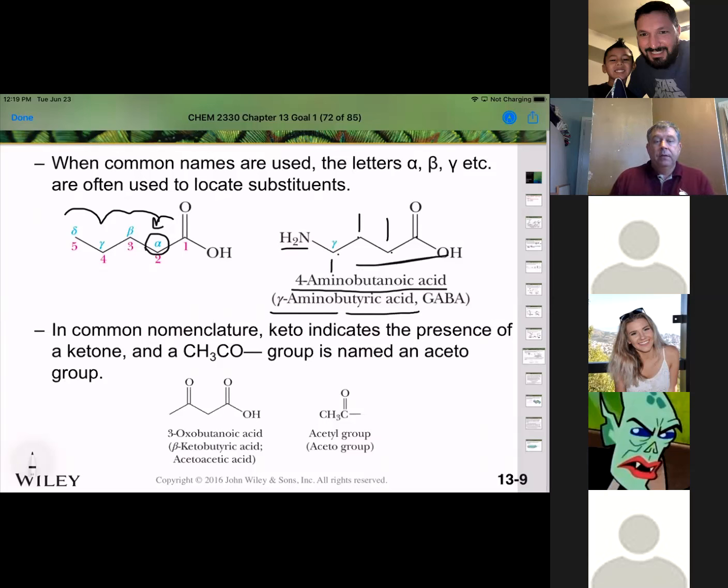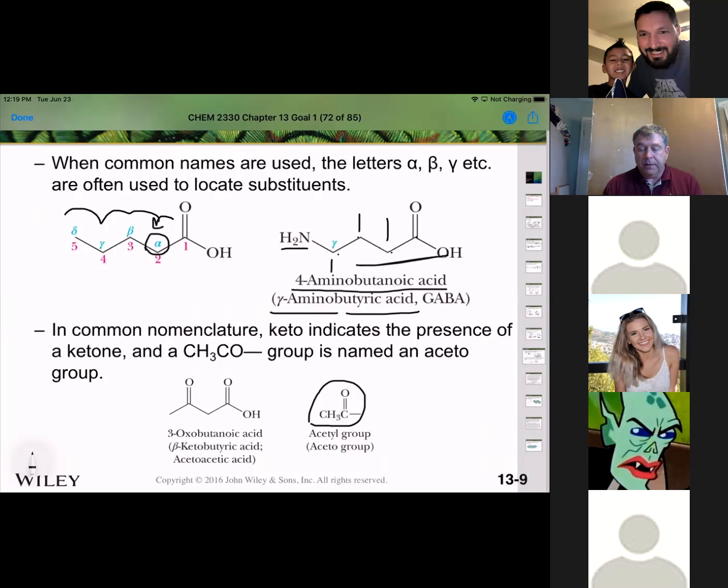Okay. So when we have common names that include a group that looks like a CH3 carbonyl, you know how you have an isopropyl group, that is the 2 methyl groups with something bound to the middle here?